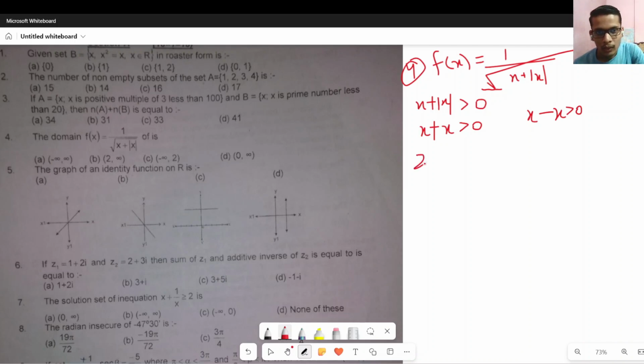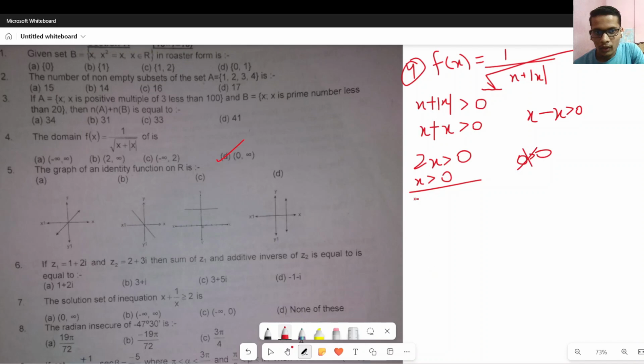So it will be 2x greater than 0, and here it will be 0 less than 0, which is not a good condition. So we write x is greater than 0. This is the domain. We got x greater than 0, so D option will be the right answer for this question.